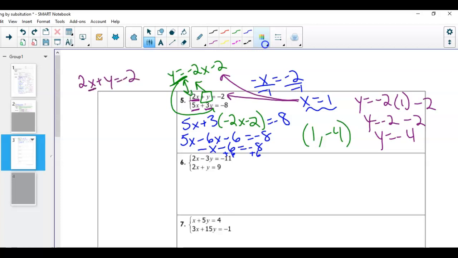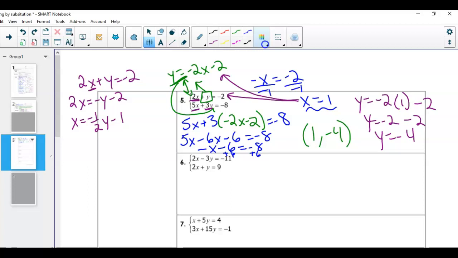So I'm going to solve for x. I need to get rid of y and divide everything by 2. Oops. Because I divided it by 2.